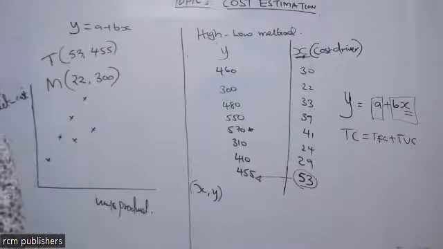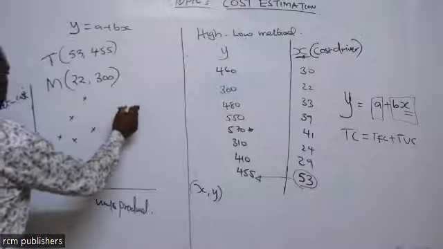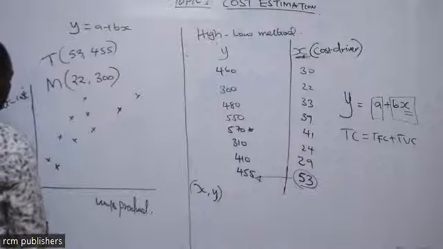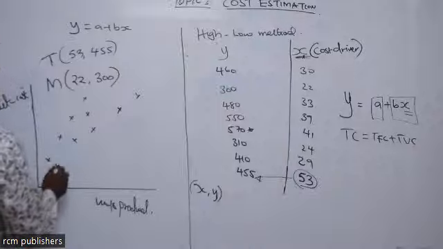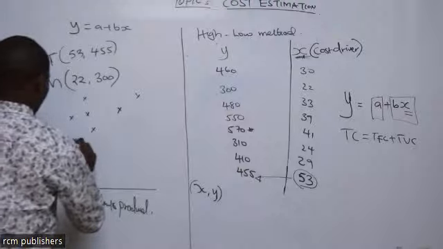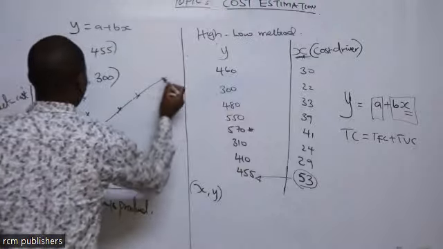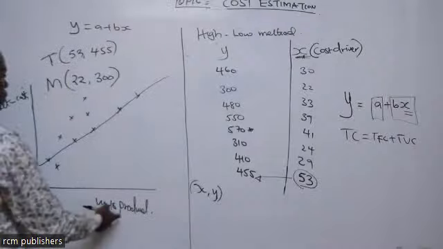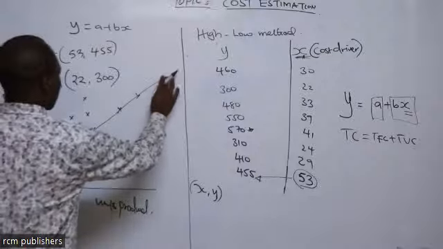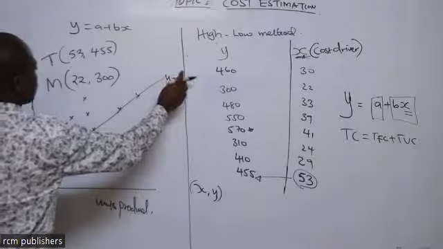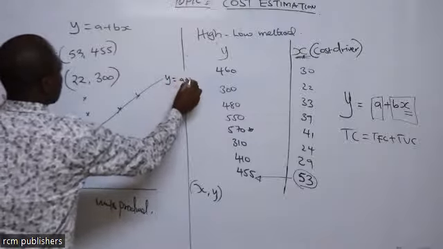You want to look for the line of best fit. Then you say this one here appears to be the line of best fit. So the total production cost against units produced is this one here. That is the curve, which is equal to y equal to a plus bx.